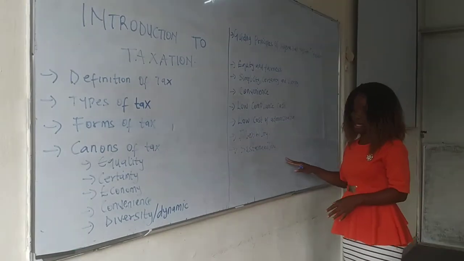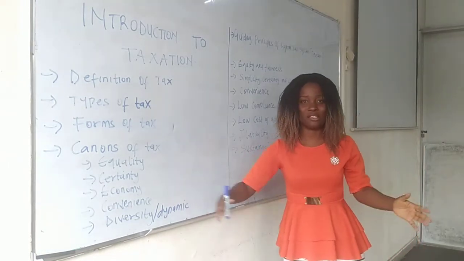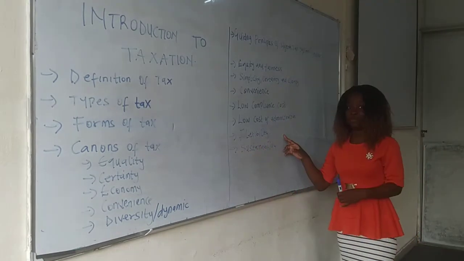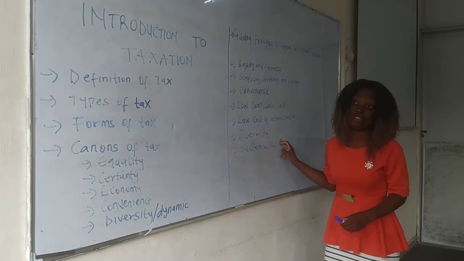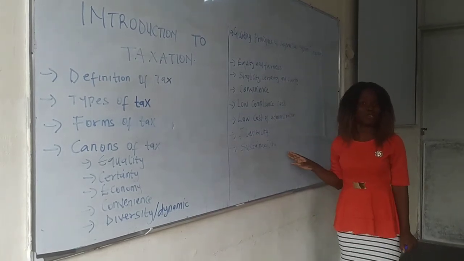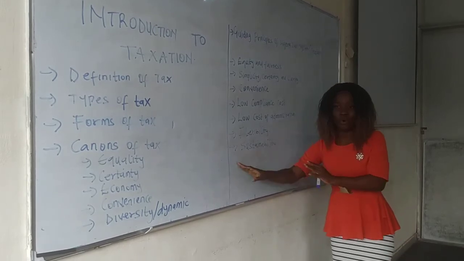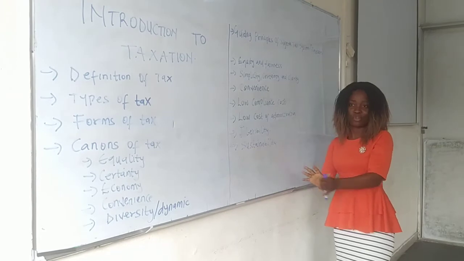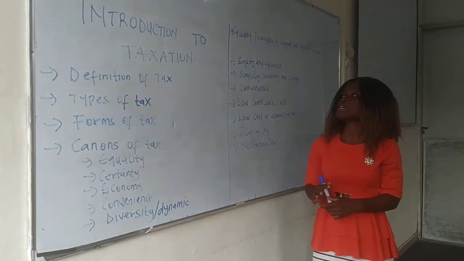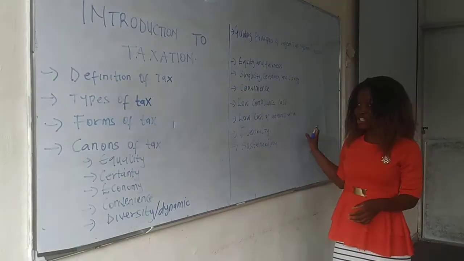Then it should be sustainable for at least a good number of years. Because in as much as we talk about being flexible, flexibility doesn't mean it should be changed maybe once in 6 months or yearly. There should be room for flexibility, and that flexibility should also cover a sustainable number of years. So that's that basically on introduction to taxation.